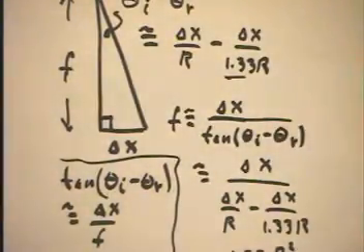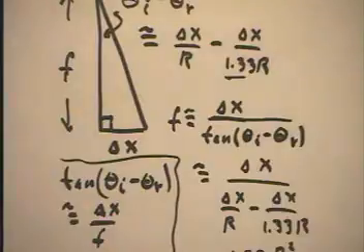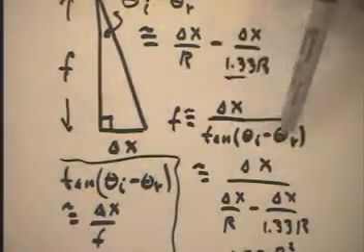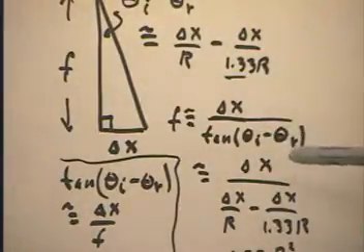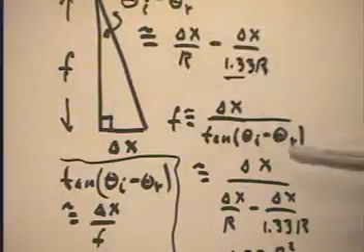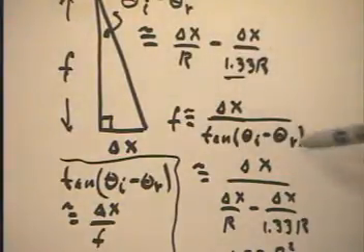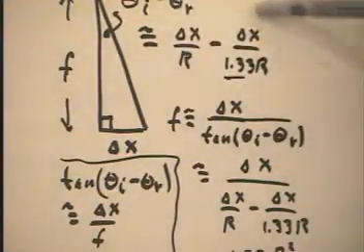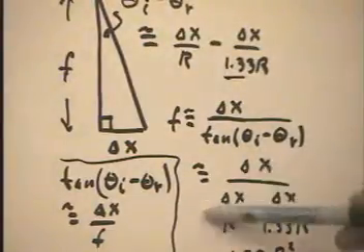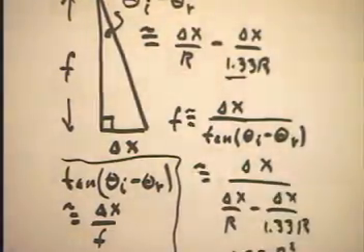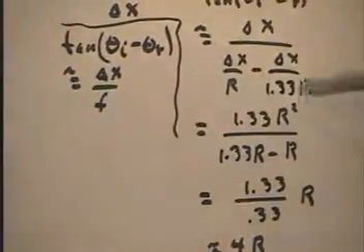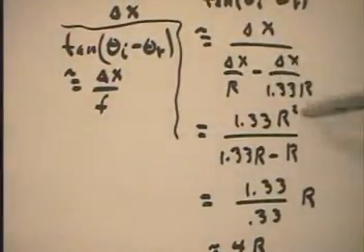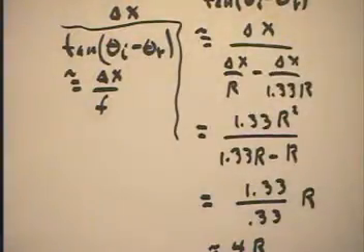Well, for small angles, the tangent is very nearly equal to the sine, which is very nearly the angle in radians. So the tangent of theta I minus theta r is just about equal to theta I minus theta r, which is this expression. So we replace the tangent with theta I minus theta r in this form, and we get this. And the rest is simple algebra. We put the denominator over a common denominator of 1.33r.